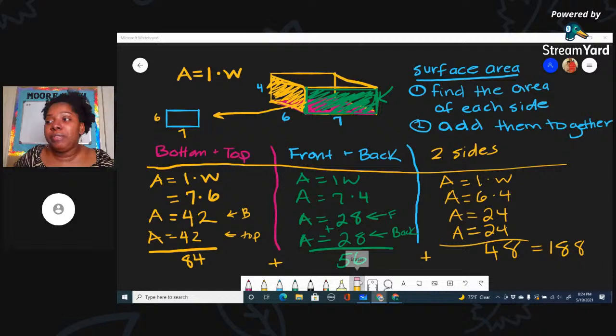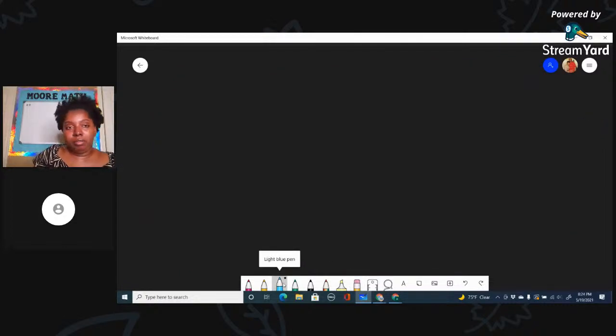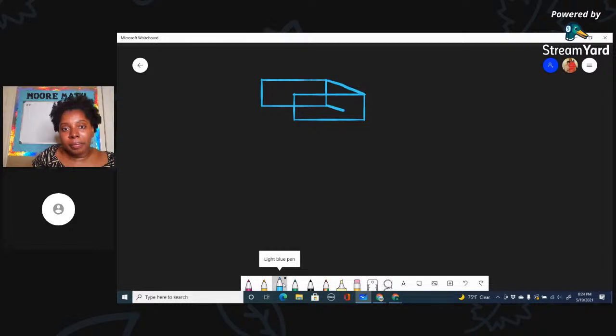So I'm going to give you a problem. I'm going to bring on my next guest, and then I'm going to bring you back. So I'm going to give you this problem right here for a rectangular prism. Remember, you are finding the area of each side and then adding them all together.